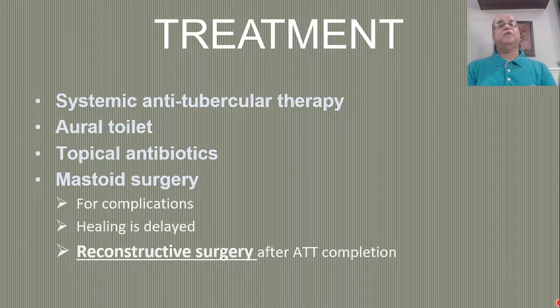But after surgery, the healing is delayed in these patients, and once the anti-tuberculous therapy is completed and any mastoid surgery, if required, has been done, later on, according to the damage being caused by all these factors, we have to think about the reconstructive surgery, which may be in the form of ossiculoplasty, tympanoplasty, etc.